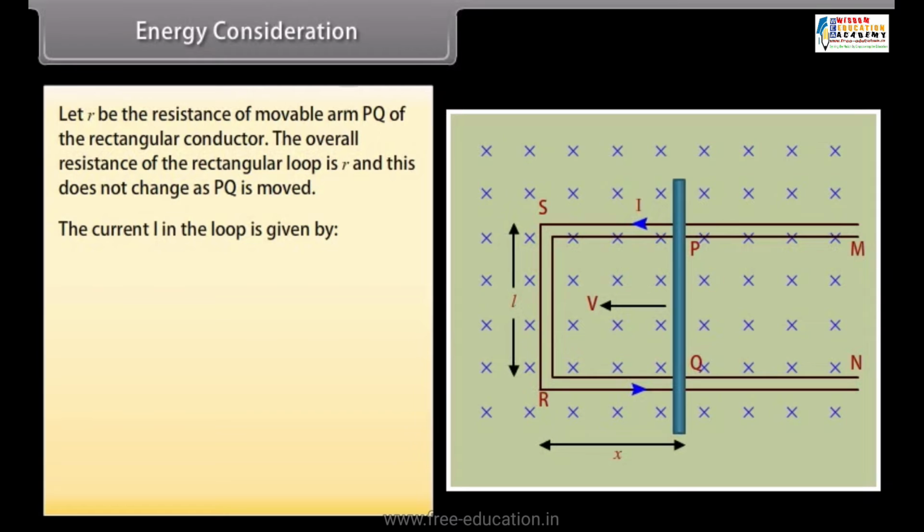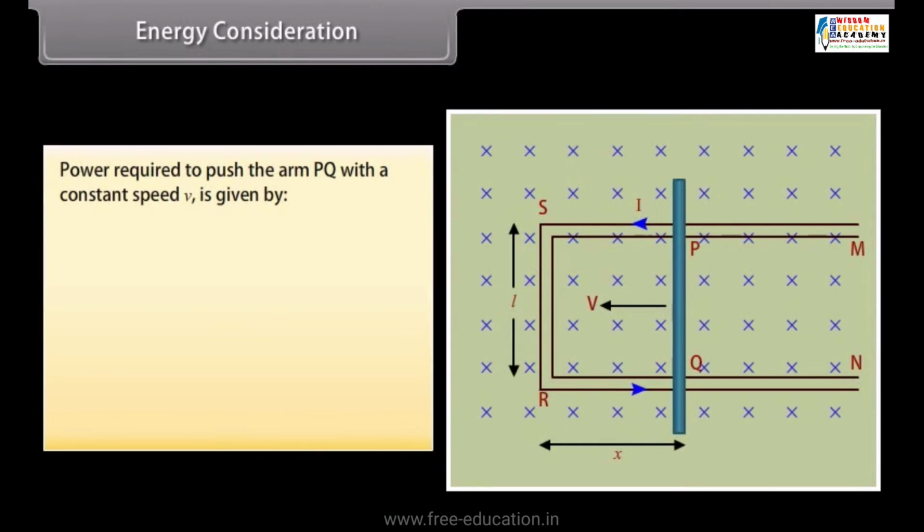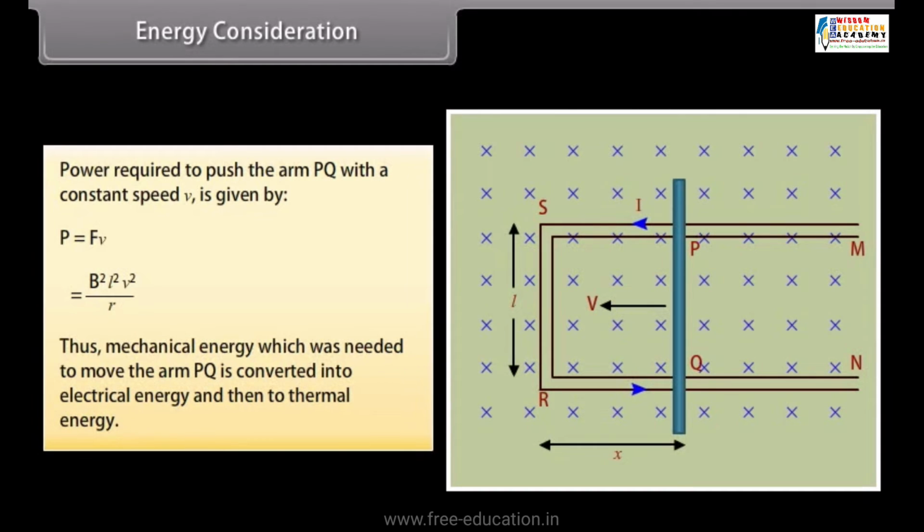The current I in the loop is given by E divided by R, which is equal to BLv divided by R. The force exerted on the arm PQ due to the magnetic field is given by ILB, which is equal to B²L²v divided by R. Power required to push the arm PQ with a constant speed v is given by B²L²v² divided by R. Thus, mechanical energy which was needed to move the arm PQ is converted into electrical energy and then to thermal energy.